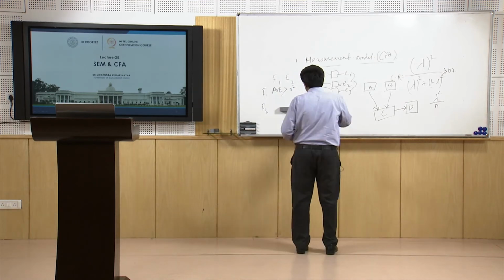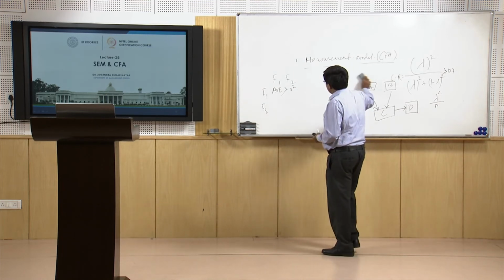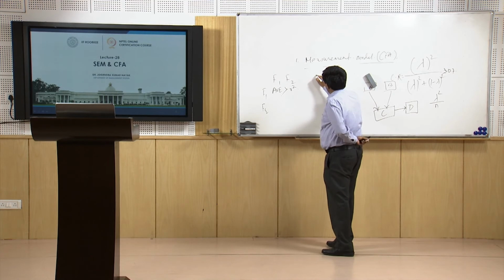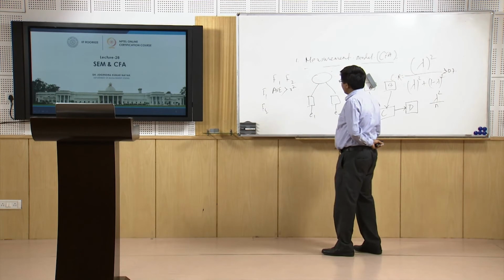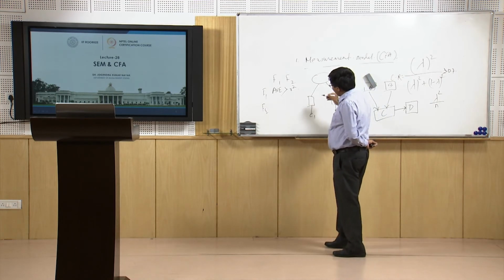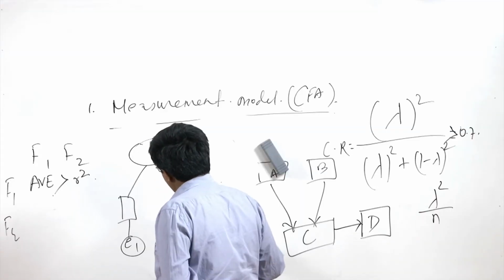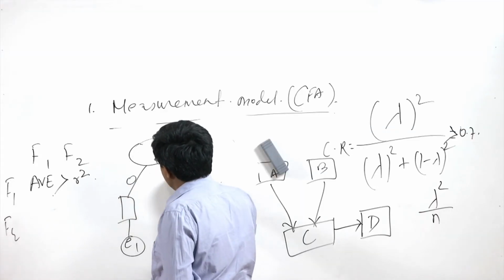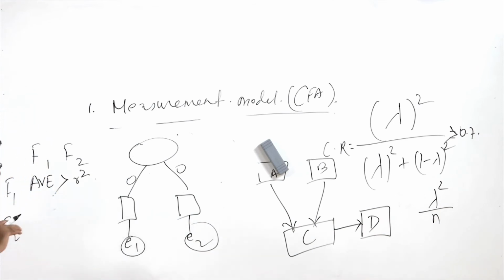How do you understand over identified and under identified? Suppose this is one construct and this is another, two variables let us say, and each variable has an error term, right. So you are calculating two things, the error and the loading, so four things you are calculating.